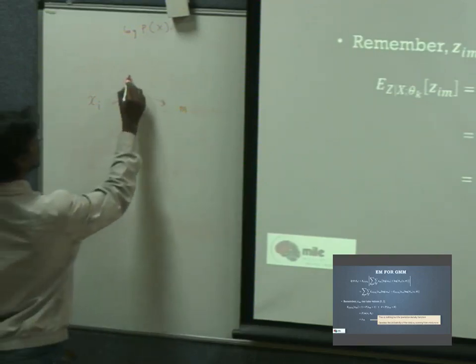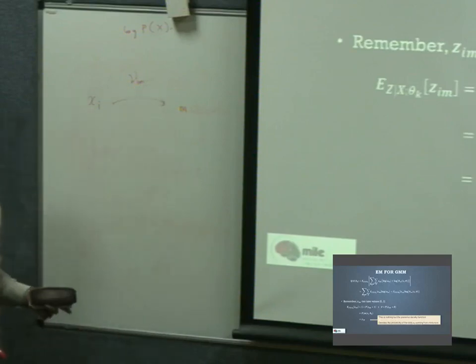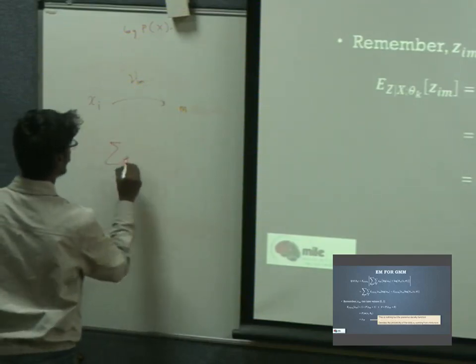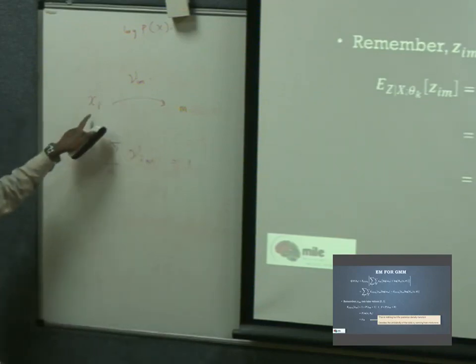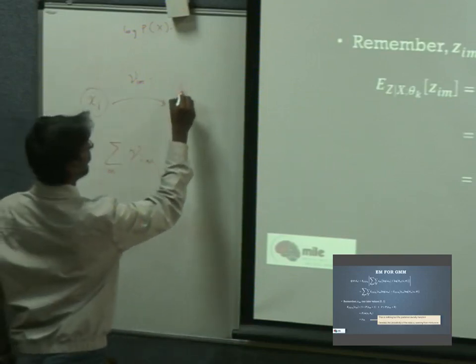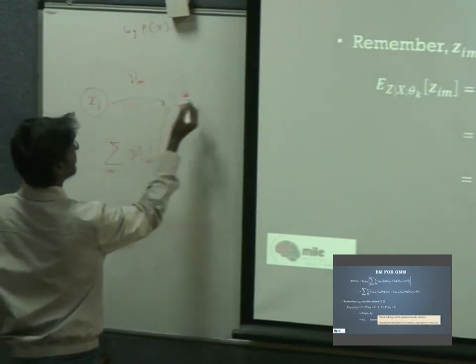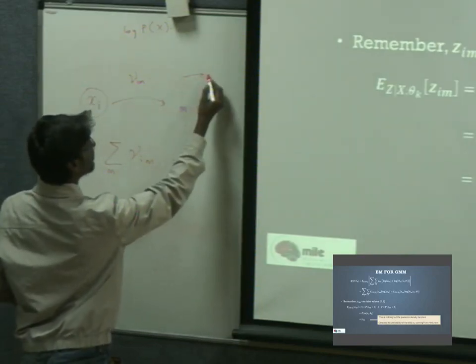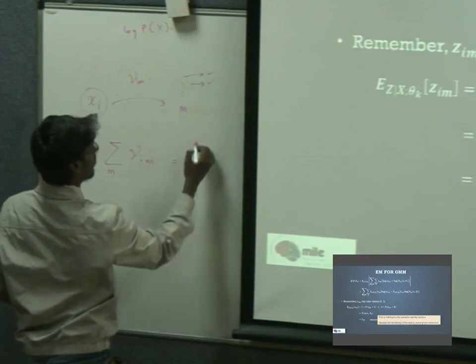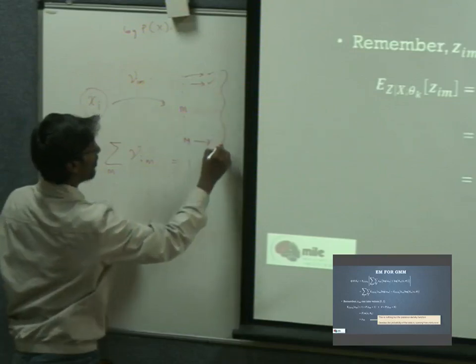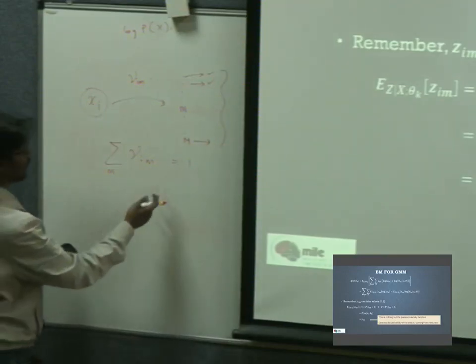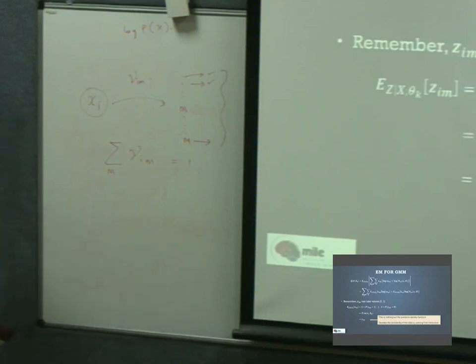When you sum this over m, it equals 1, because this vector can come from one of the mixtures: it can come from this mixture with some probability, from that mixture with some probability, and so on up to the mth mixture. If you sum all these, you should get 1. That is what the posterior density actually means. So we define it as gamma im.